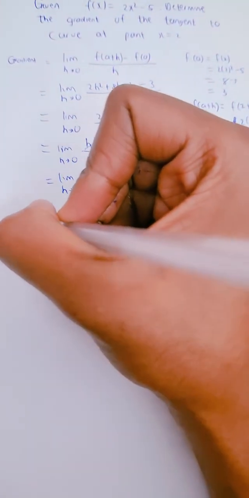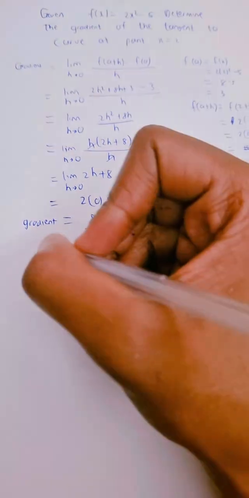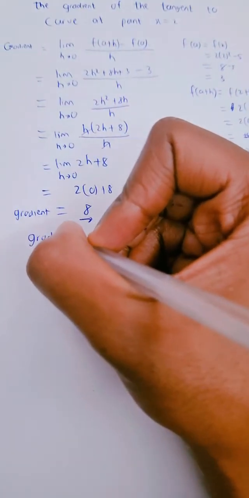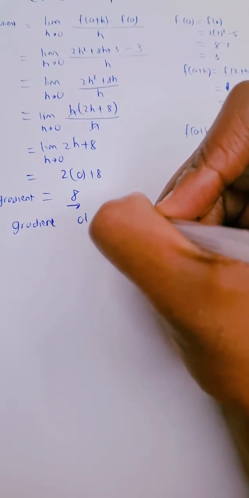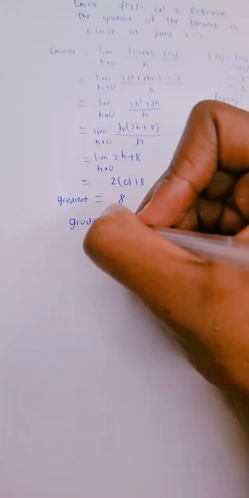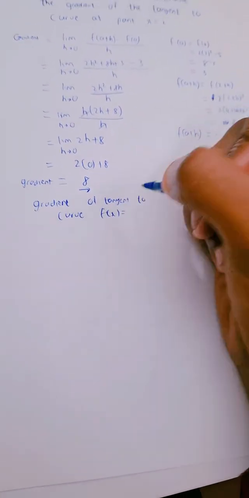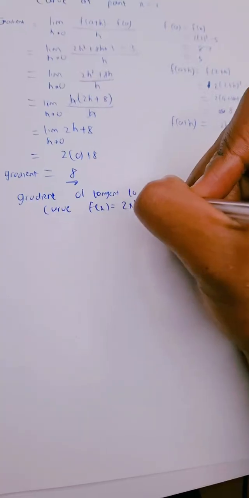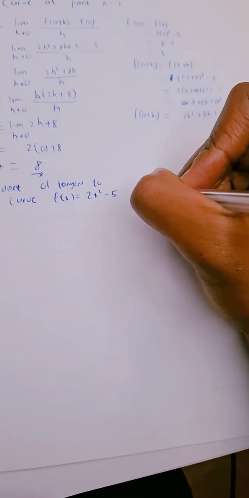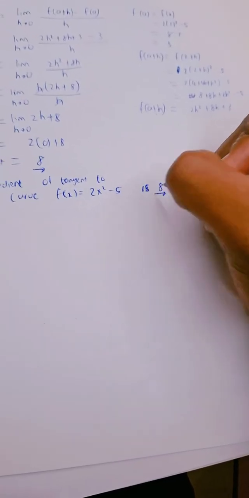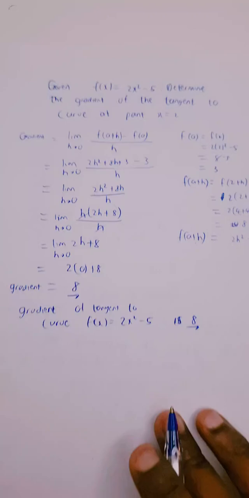So the gradient is equal to 8. So the gradient of the tangent to the curve f of x is equal to 2x squared minus 5 is 8. Okay. Yeah, hopefully that's clear.